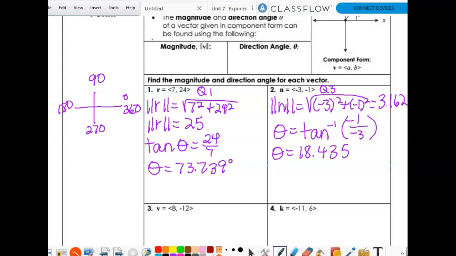What did you get? Did you do -1 or did you do 1 over 3?